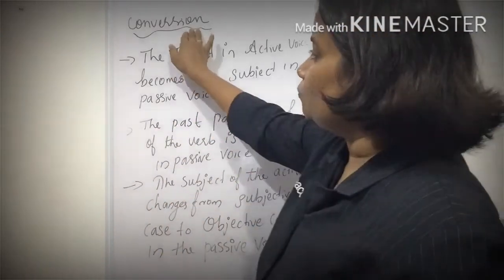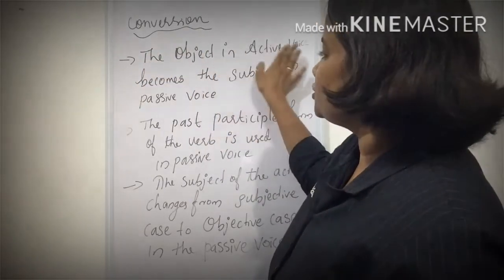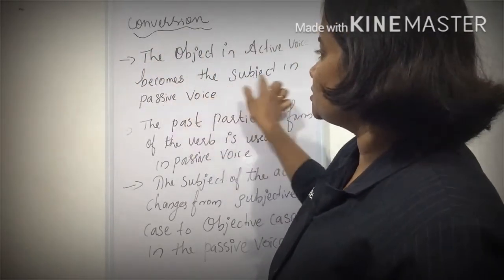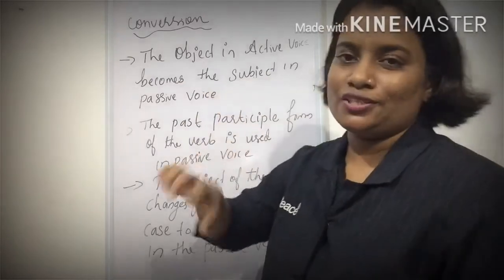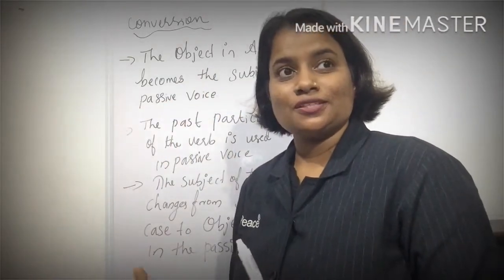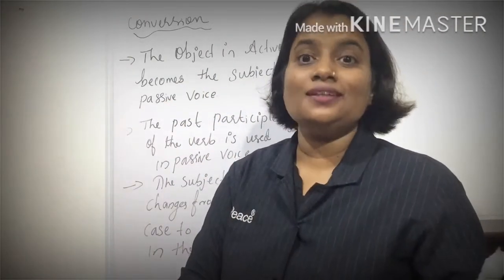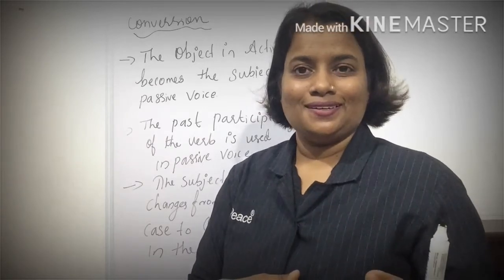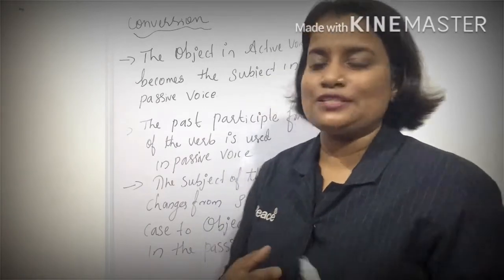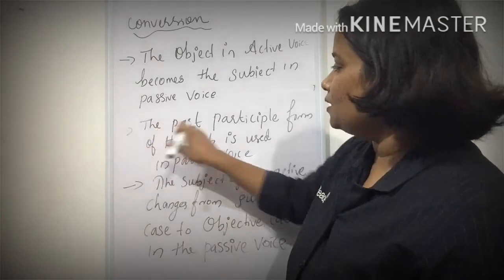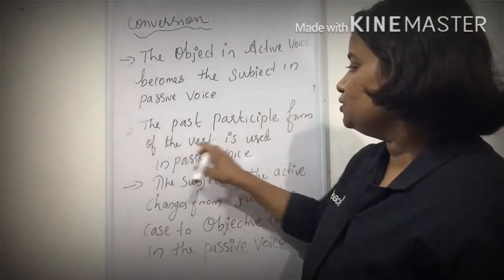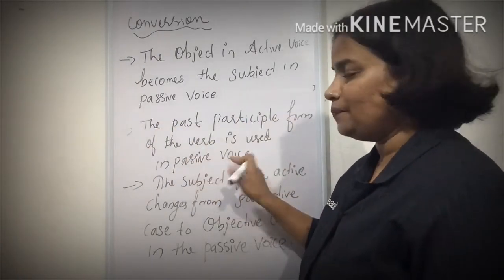In the conversion, the object in active voice becomes the subject in passive voice. The object of the statement changes to the subject of the statement. The past participle form of the verb is used in passive voice.